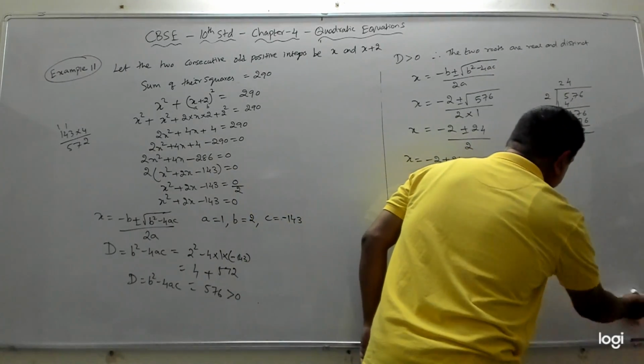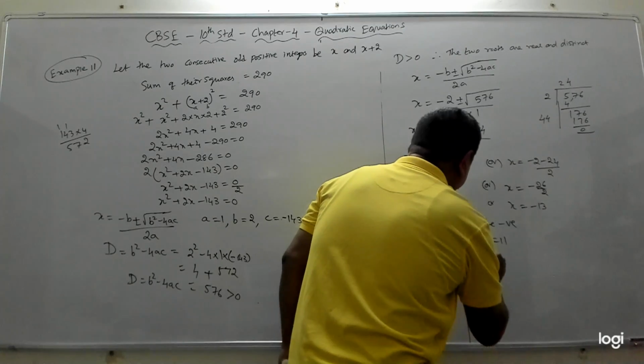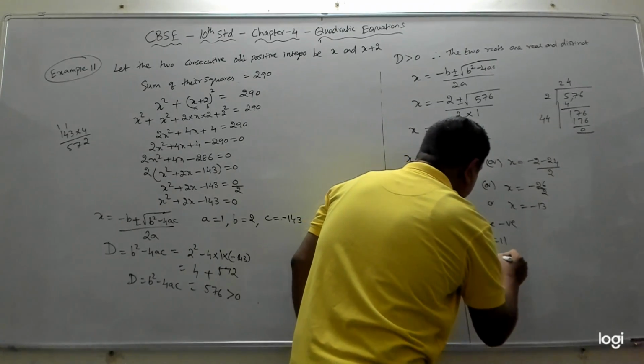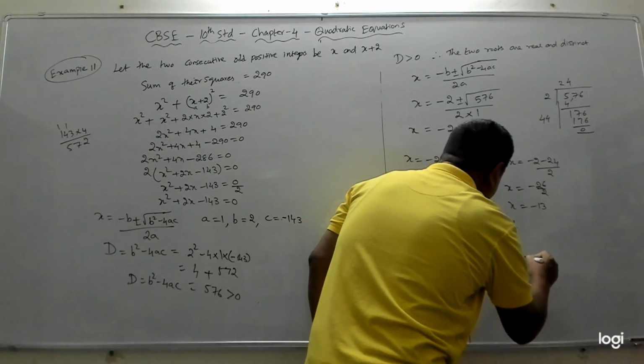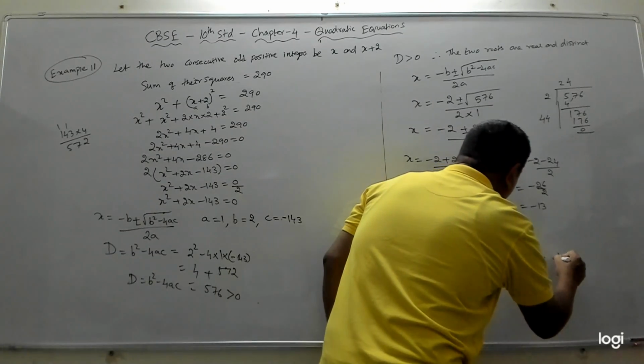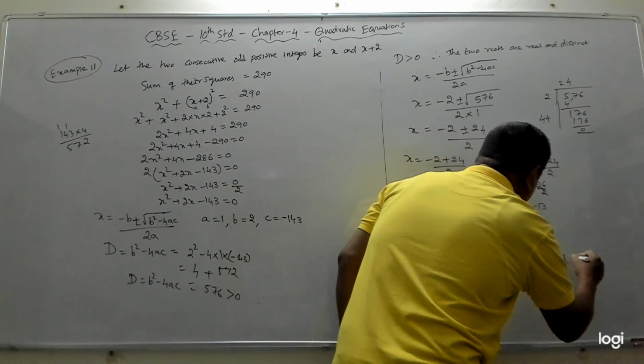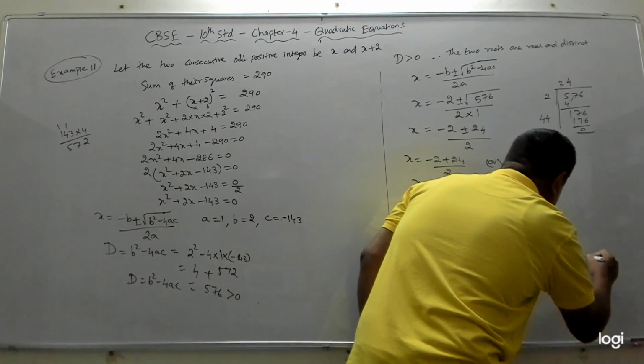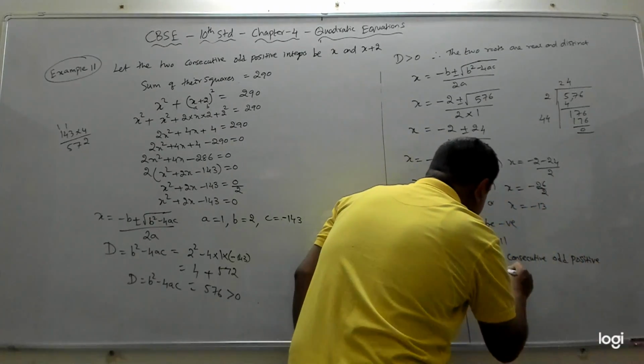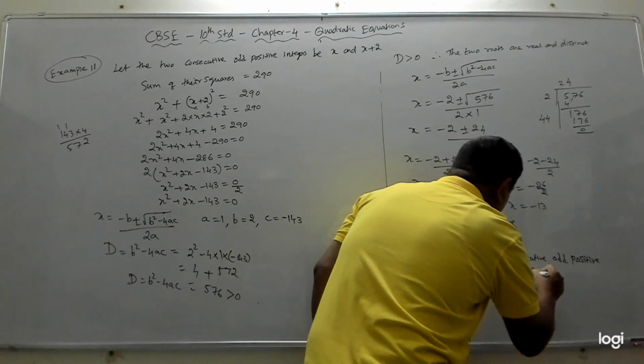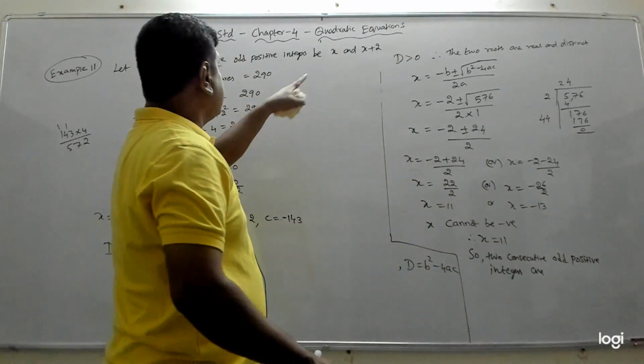Now, what are the two consecutive odd positive integers? They are x and x plus 2.